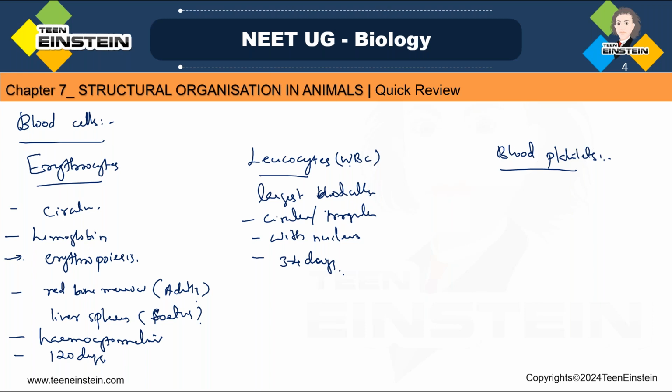And this WBC, or leukocyte, is divided into two main groups based on the nuclear shape and cytoplasmic granules: granulocytes, and then another one is agranulocytes.